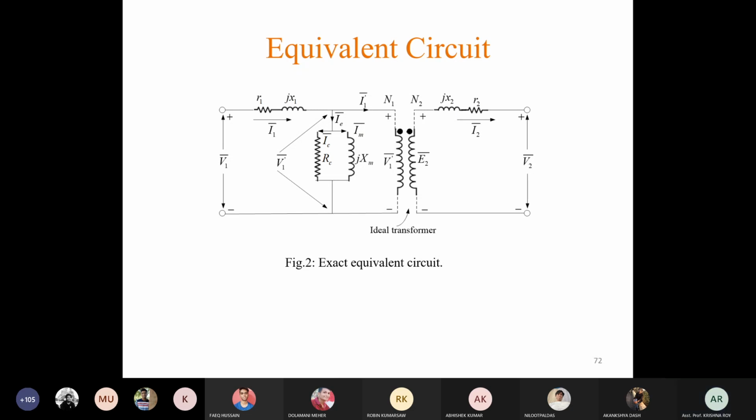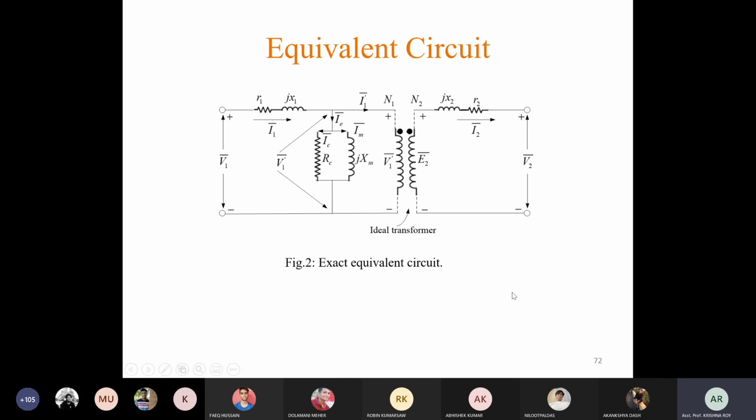One is the core loss component which flows through some resistive element RC, and the other is the magnetizing component which is in phase with the flux produced by this exciting current but in quadrature with the voltage V1 dash. So if we divide this V1 dash by the reactance Xm, then this current Im will lag the voltage by an angle of 90 degrees.